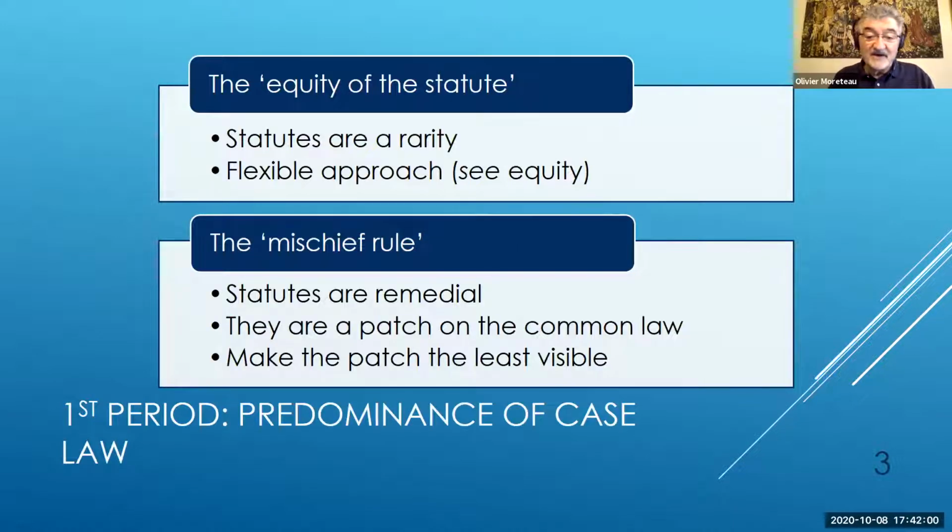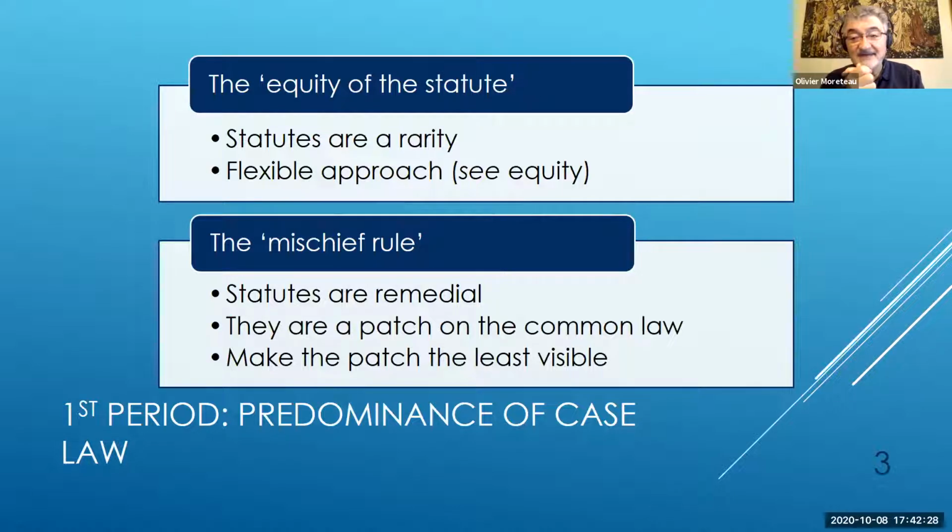The first period, where case law predominates, sees interesting development regarding interpretation. When did legislation intervene in England during the late Middle Ages or Renaissance period or Classic period? Legislation was unusual in those days.